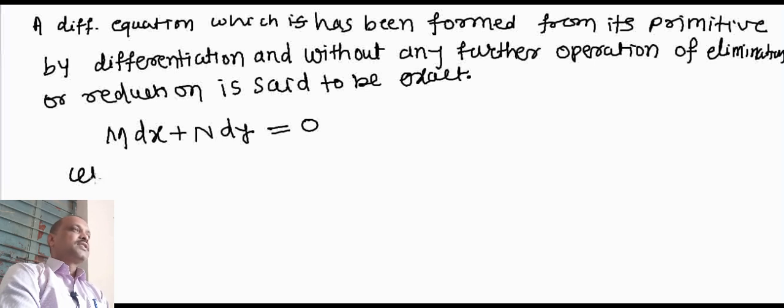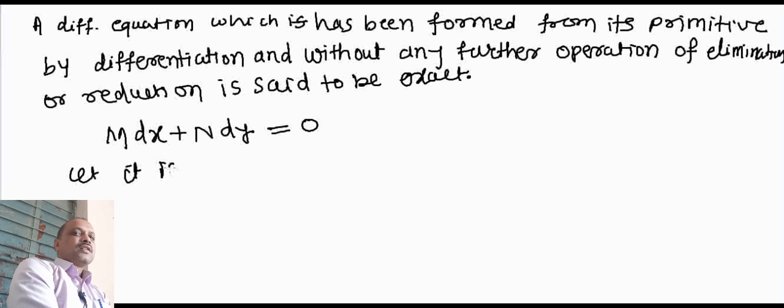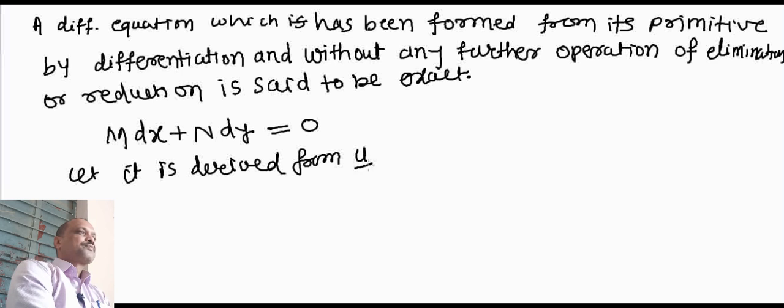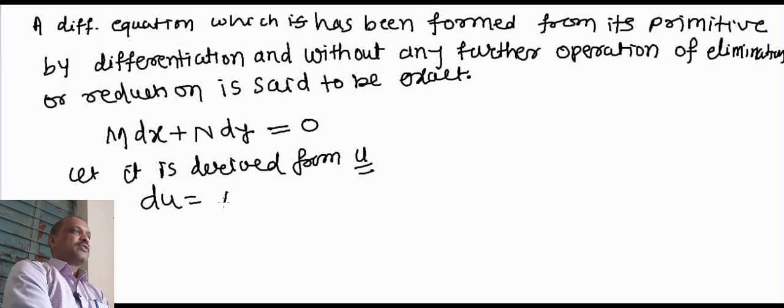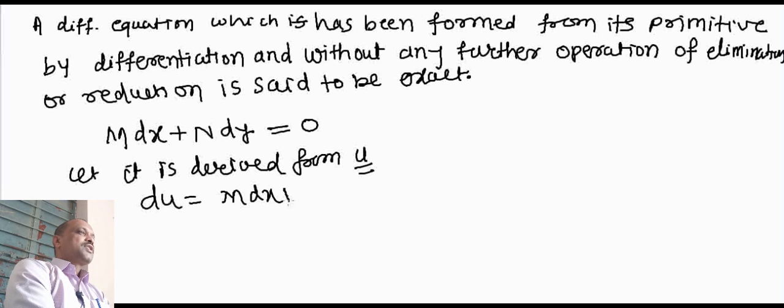So let us suppose it is derived from u, where u is a function of x and y. As it is directly obtained from u by differentiation, we write du equal to M dx plus N dy.